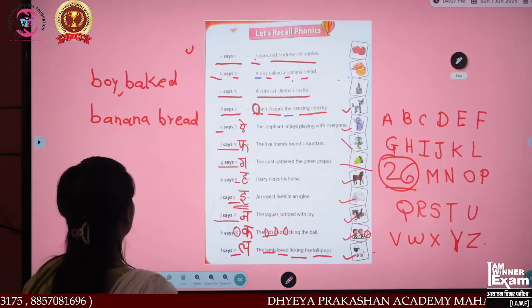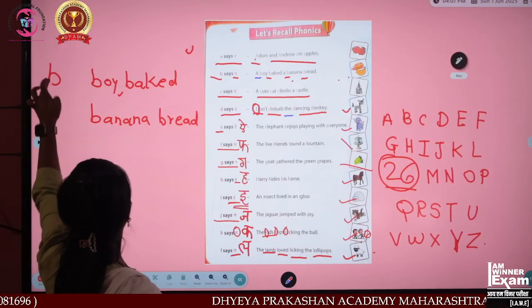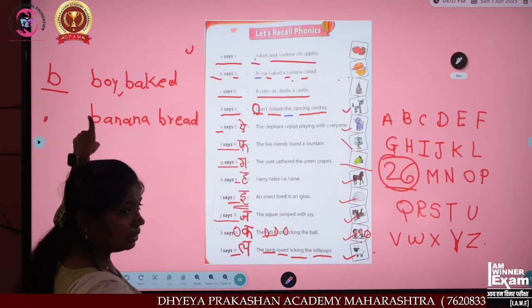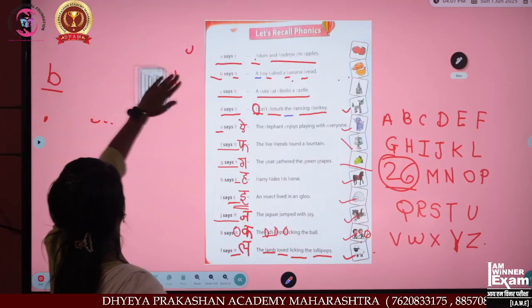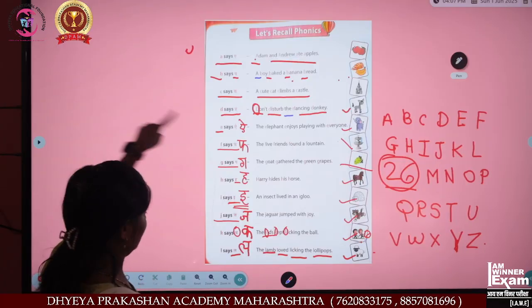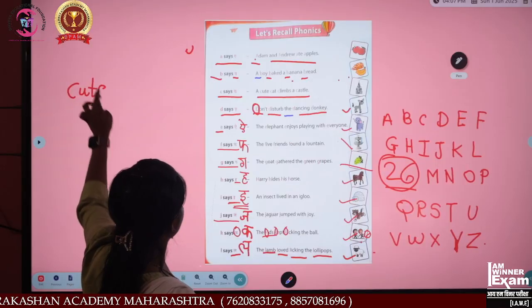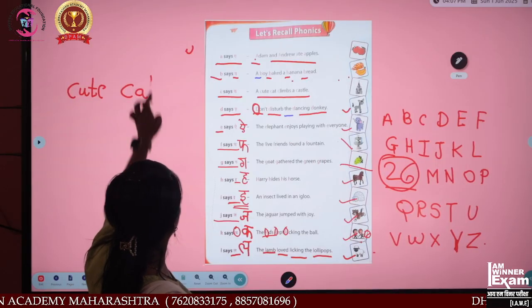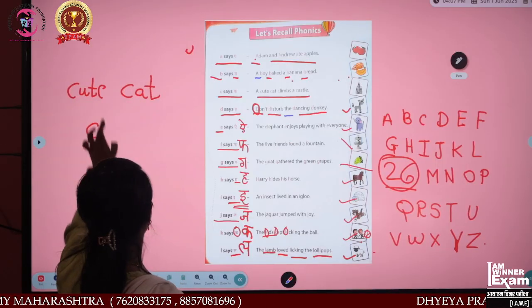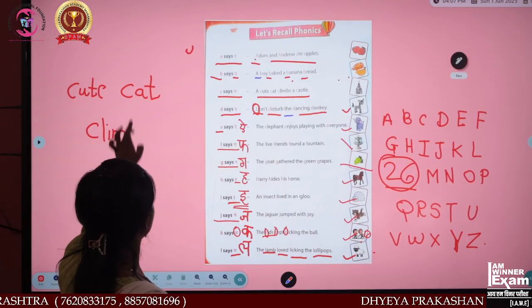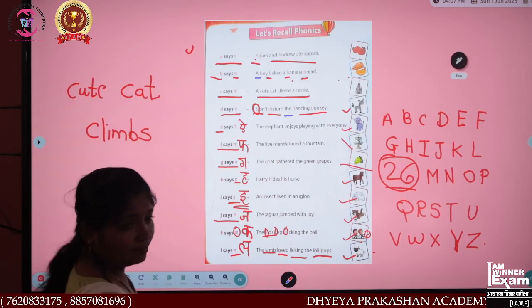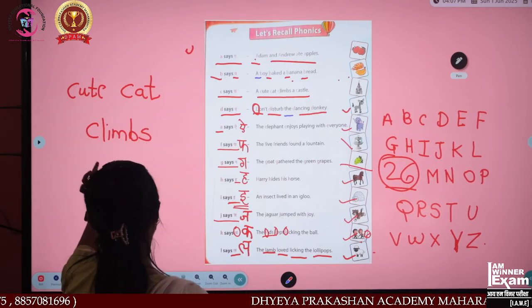B says bird. Next, C says cup. Cute, cat, climbs and castle.